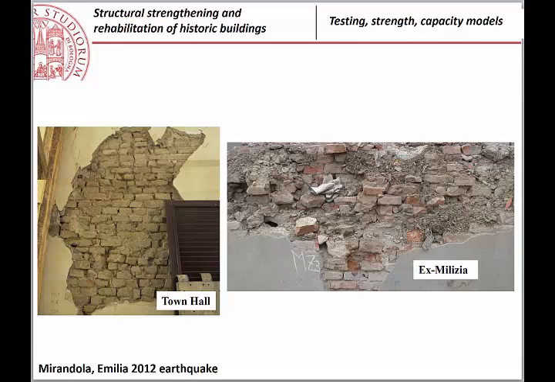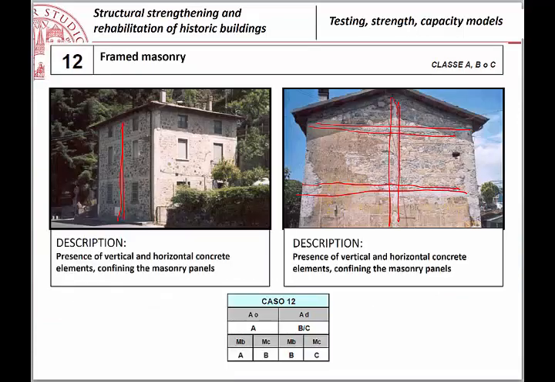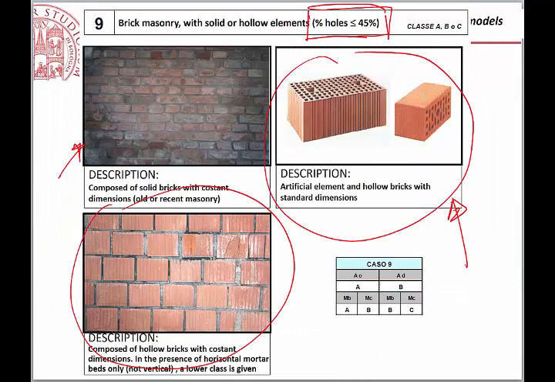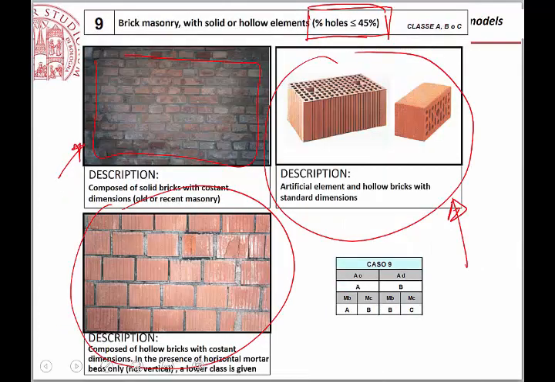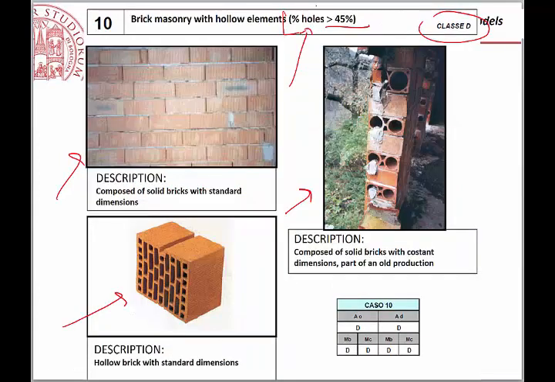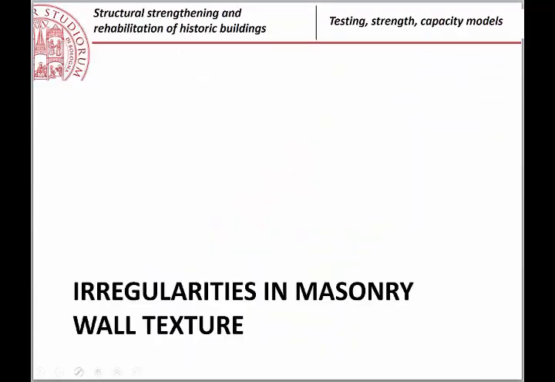For several reasons. I want to show you these pictures because very often when you say, okay, clay bricks, we think about this kind of masonry. But this is not always the case when we talk about the masonries that are 200, 300 years old.